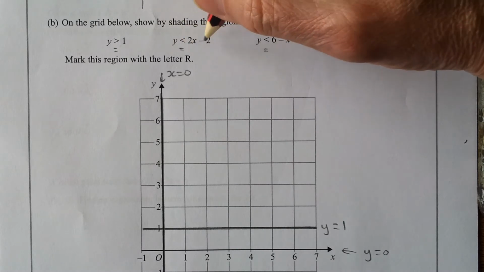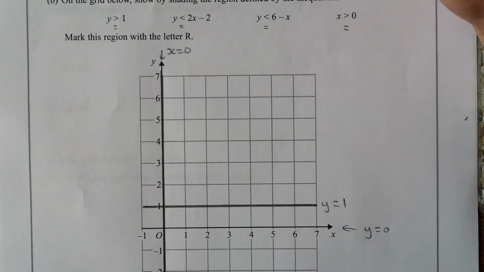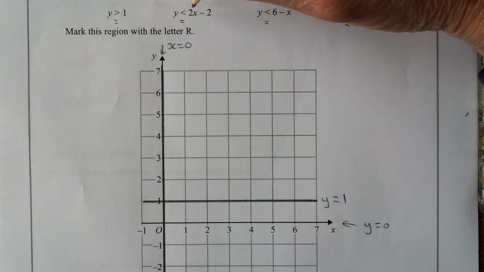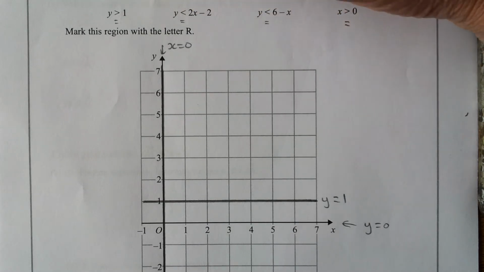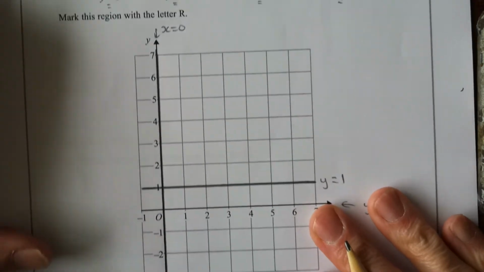Let's try this one. Y equals 2x minus 2. There's a few ways of doing this one. You could do a table of values, but what I'm going to do is pick x equals 0 and find y, then y equals 0 and find x.